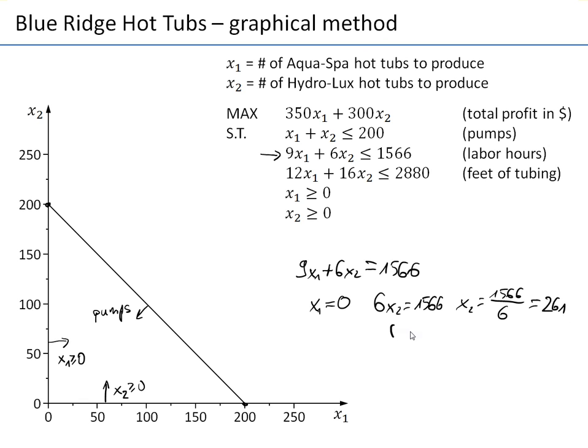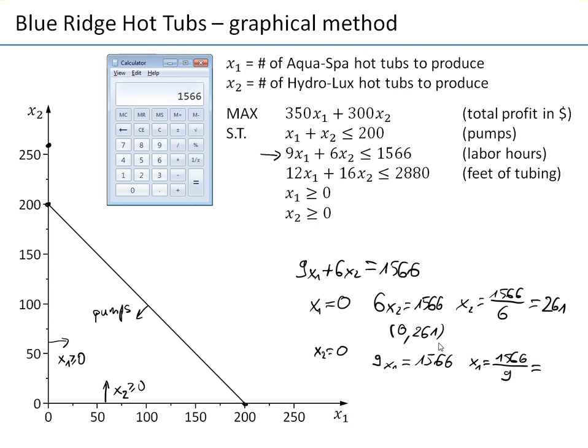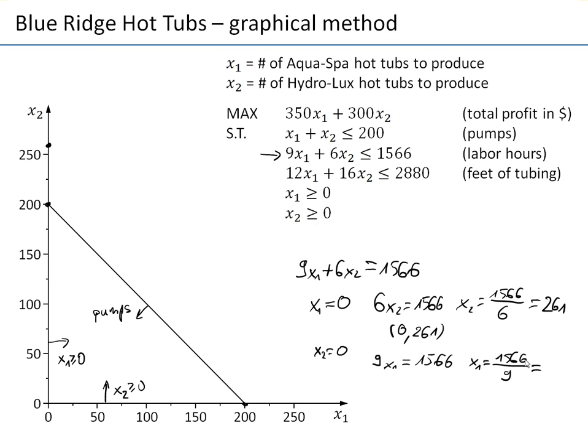So I have a point here which is 0, 261, and this point is somewhere here. And then I can try the same, x2 equals 0, and that will give me 9x1 equals 1566, and that means x1 is equal to 1566 over 9, which is 174.